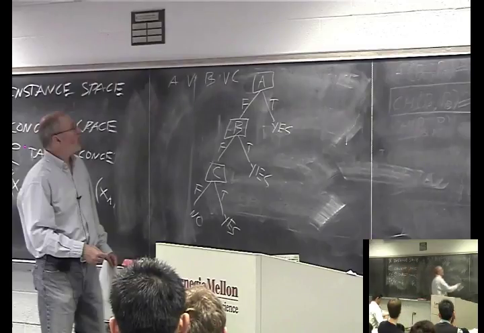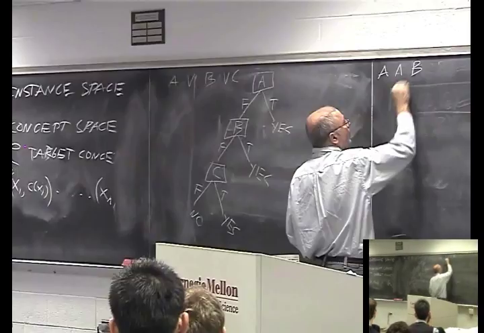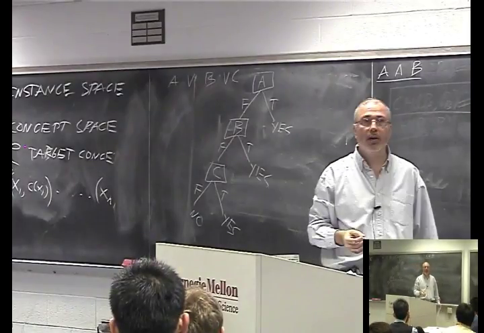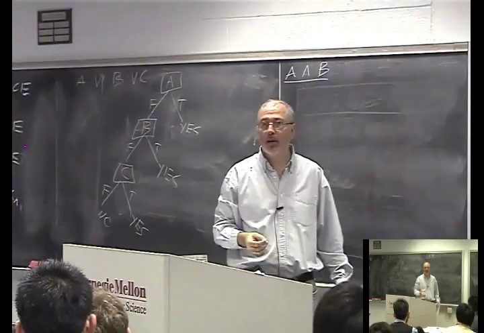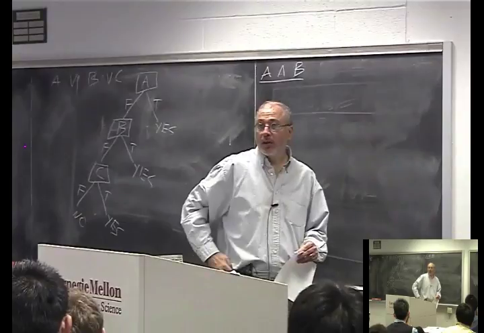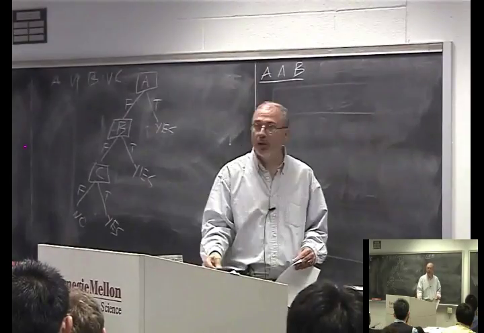Okay. What about A and B? Can somebody else give me a tree for A and B? It's the same as that one, just with the falses and trues reversed.